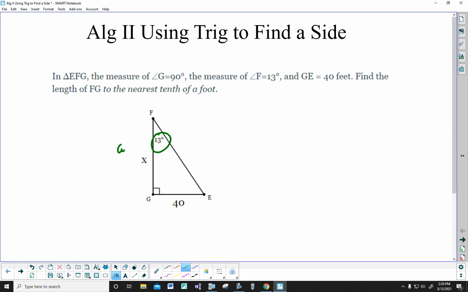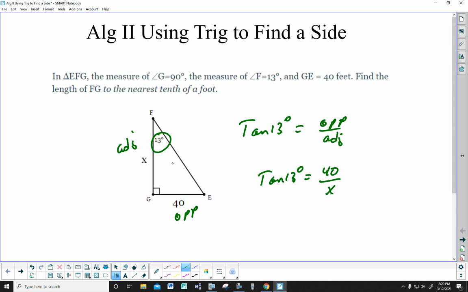This side is your adjacent, and you're told the opposite side. Adjacent and opposite from this angle's point of view is tangent. So set up the tangent of 13 is equal to your opposite side over your adjacent side, which is x.